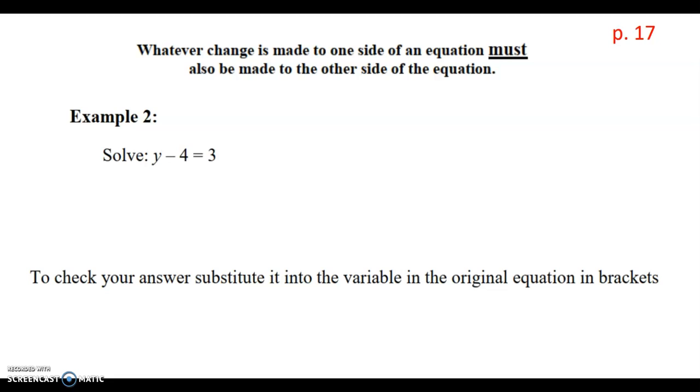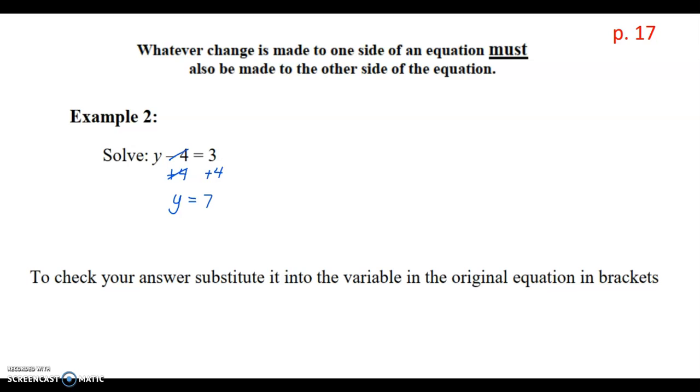So for example 2, we have y minus 4 is equal to 3. Well, we're subtracting 4 from y, so we're going to add 4, effectively canceling. And because we did that on the left-hand side of our equal sign, we're going to do it on the right-hand side. That will leave us with y is equal to 3 plus 4 is 7.